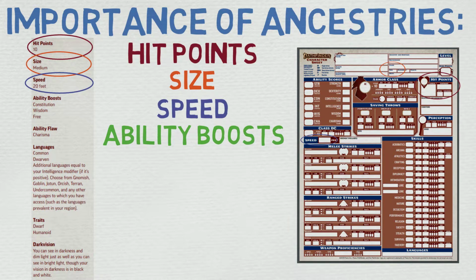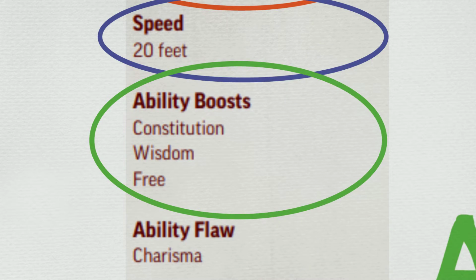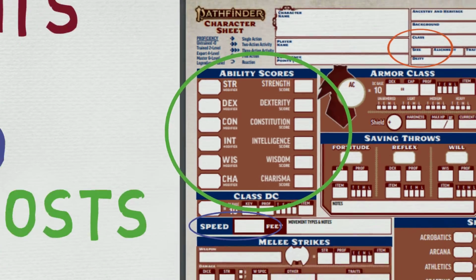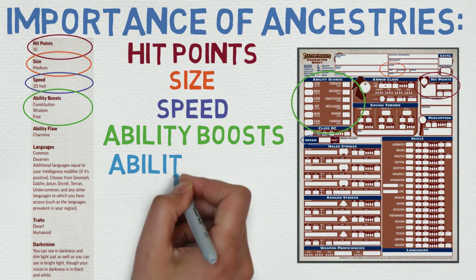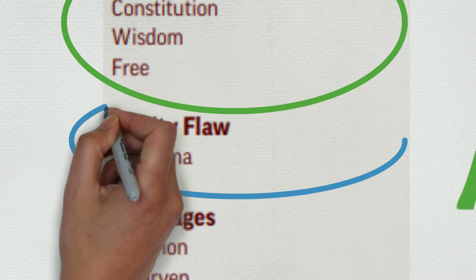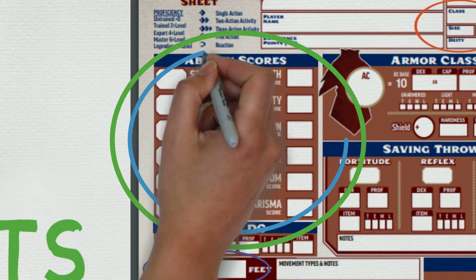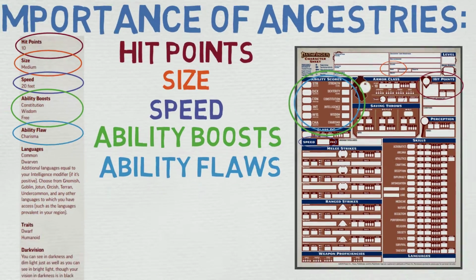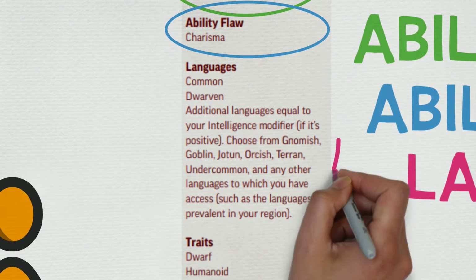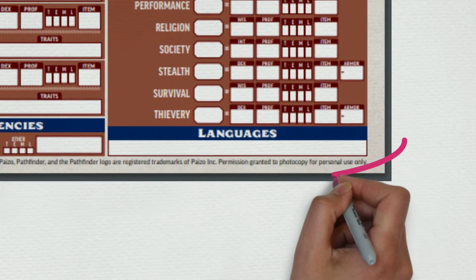But in terms of what your ancestry decides, it's your hit points, what size of creature you are, your movement speed, your ability boosts, your ability flaws, languages you can speak, a couple traits, and some senses as well. All of those have corresponding sections on the first page of the character sheet booklet. Ultimately, you're going to be referring to these throughout the game.